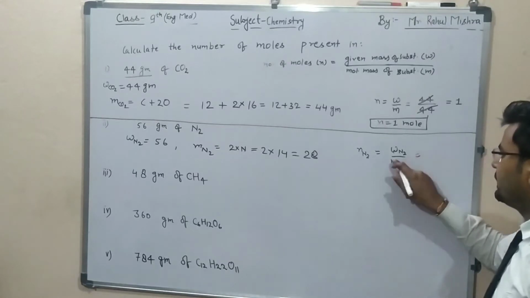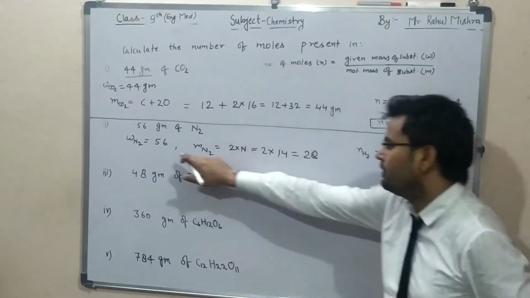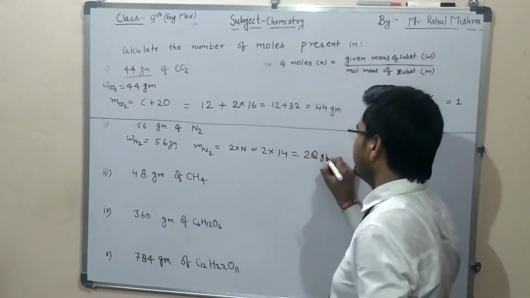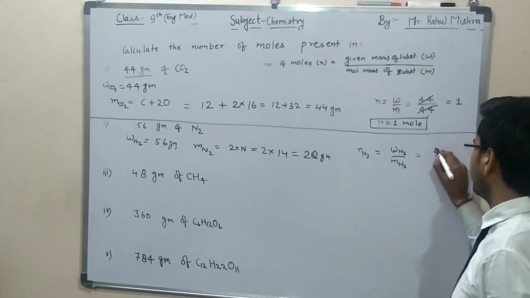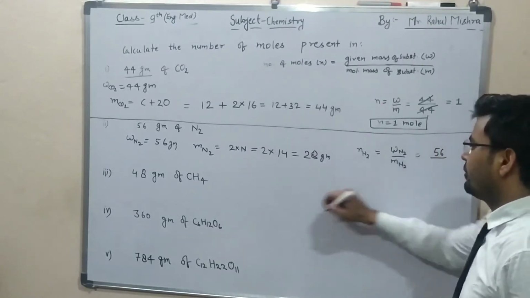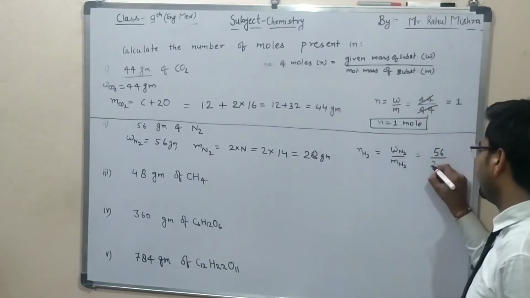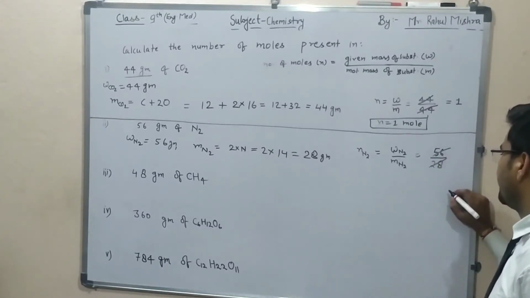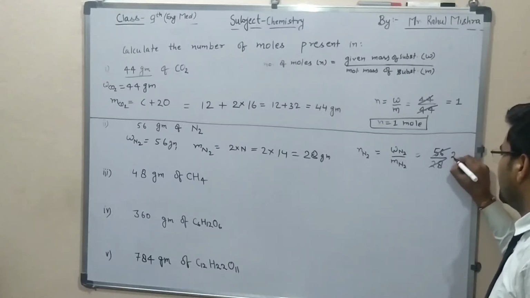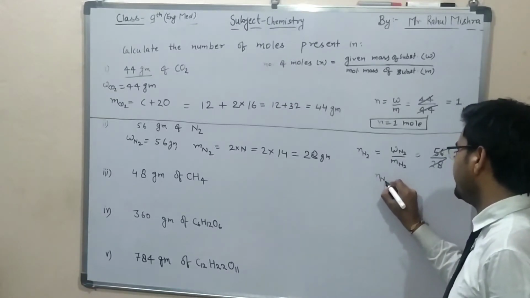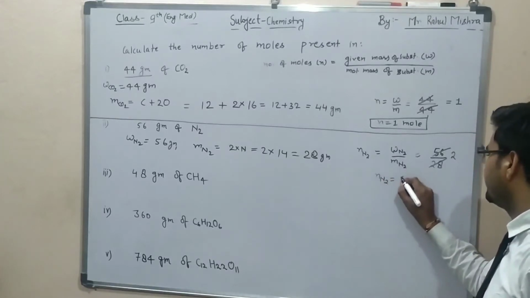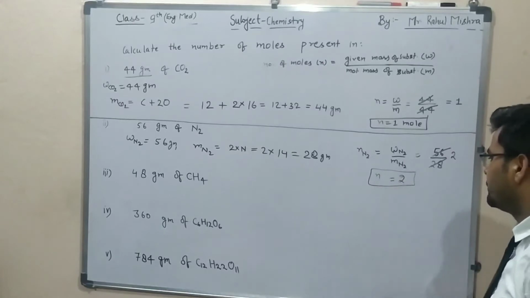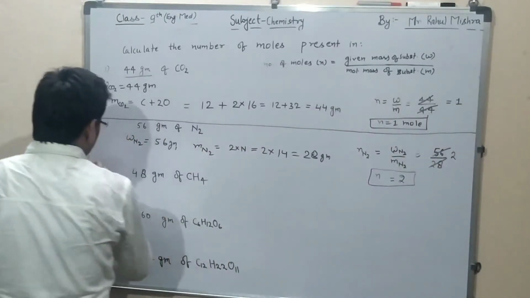Given mass is 56 gram upon molecular mass 28 gram. So N of N2, the number of moles of nitrogen, is equal to 2. This will be your answer.